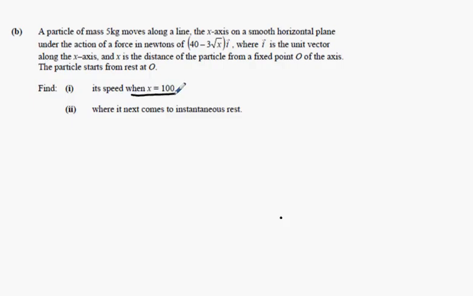So it's going to be a equals v times dv/dx. Now force, which is 5a, equals 40 minus 3 root x. It's not proportional, it equals that.